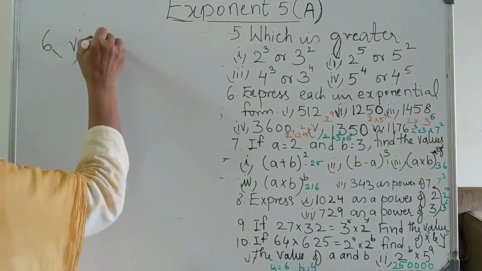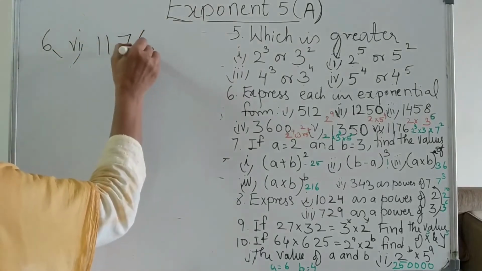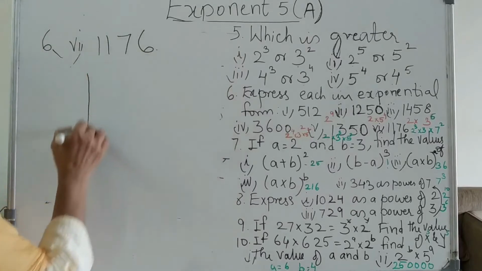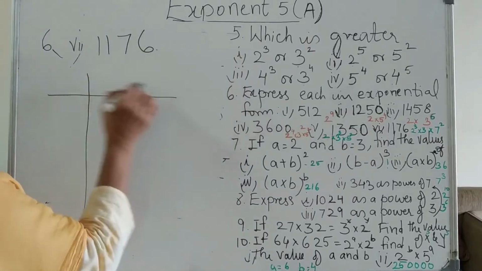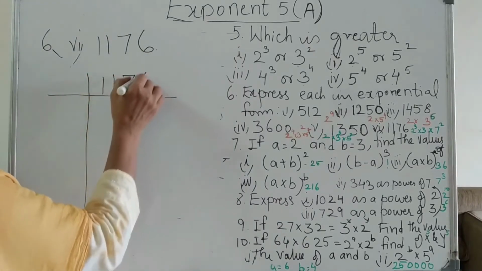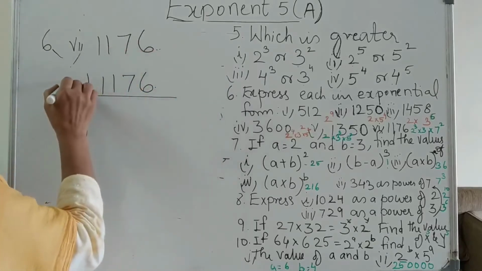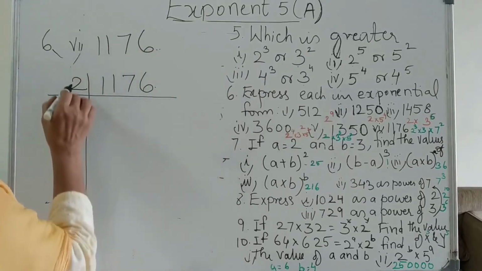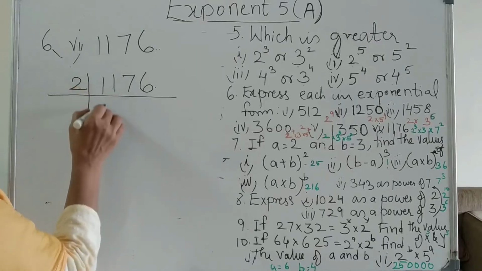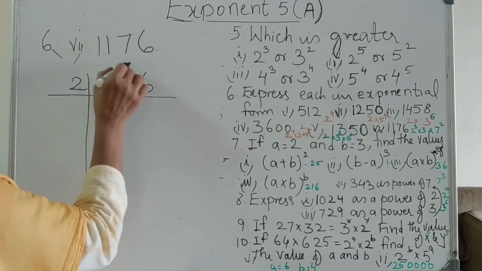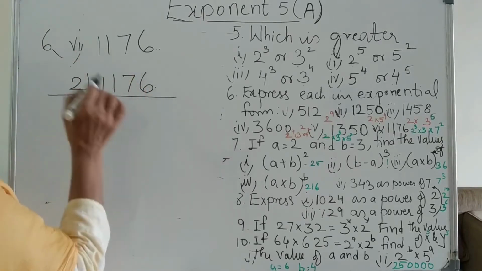Now here you can do this in the vertical method. 1176. Now 6 is divisible by 2, so it has to be divisible by 2. In the table of 2, 2 5's are 10, 1 is remaining, 17.